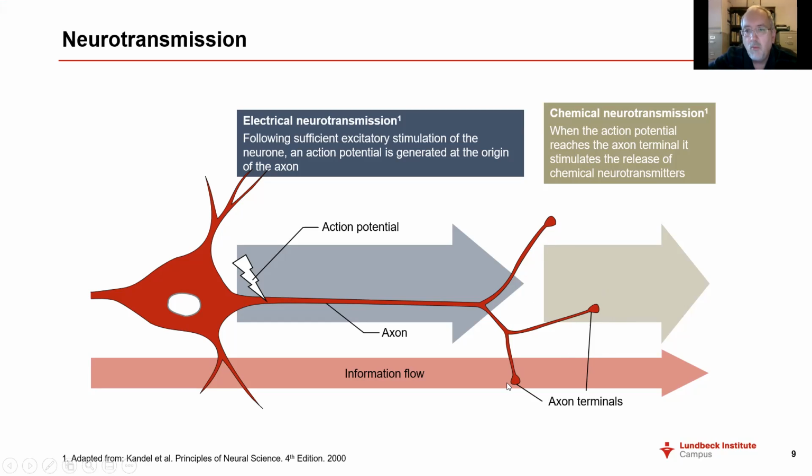But then, with this excitatory stimulation, if you picture that the brain works on billions, if not trillions, of these specific types of cells called neurons.